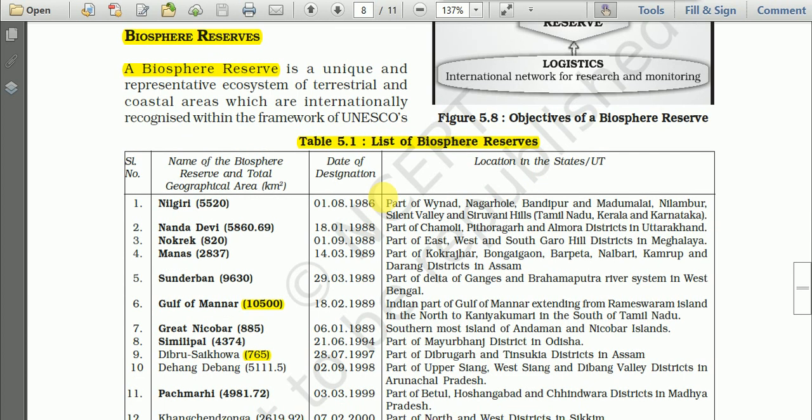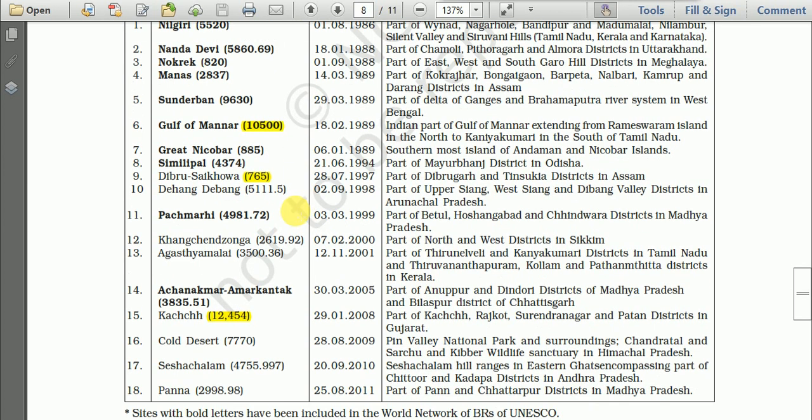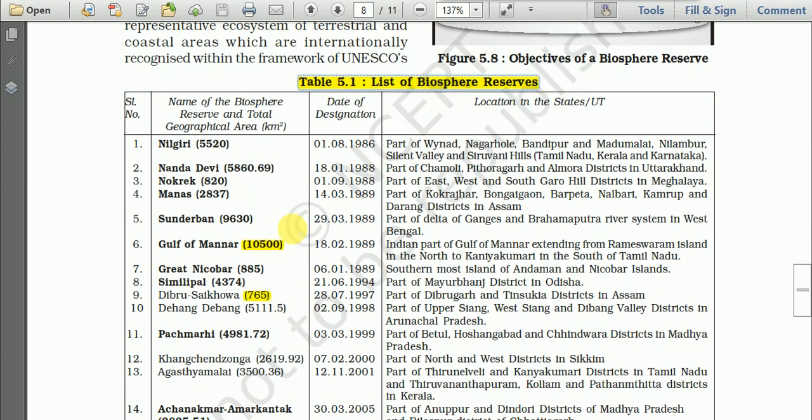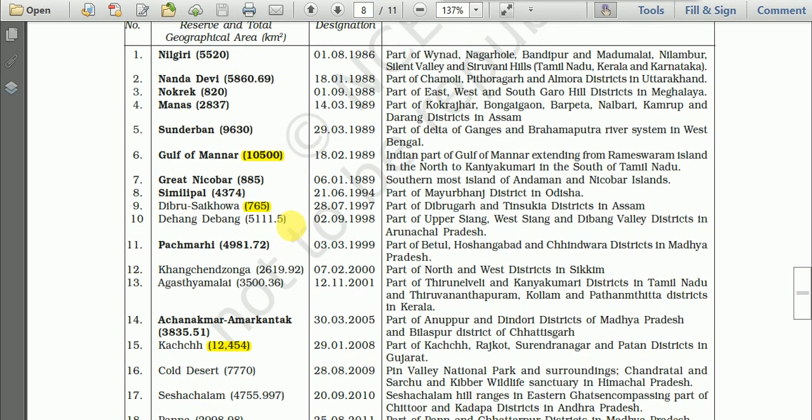And next we have table number 5.1 showing the list of biosphere reserves. Remember, now we have 18 biosphere reserves in India. Here let us find out the largest and the smallest biosphere reserves in India.